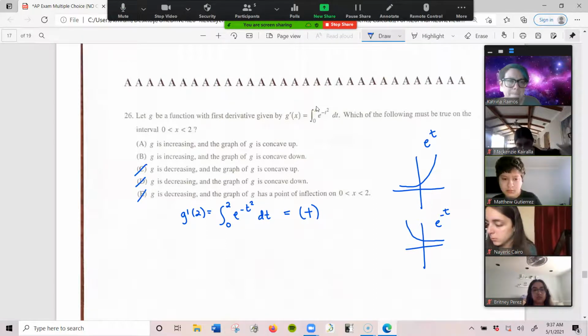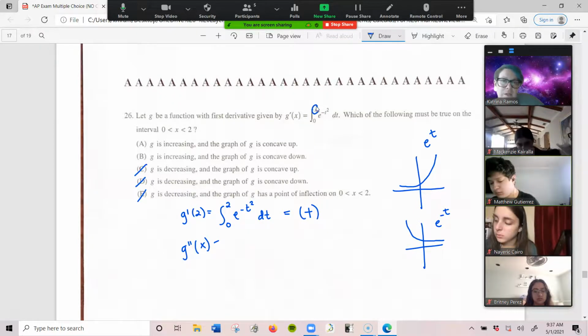So to figure out the concavity, that means that we need G double prime of x, and then we'll plug in the 2. G double prime of x would be, when we plug in the x, e raised to the negative x squared. Is that okay? So then you plug in the 2 to see if it's positive or negative.